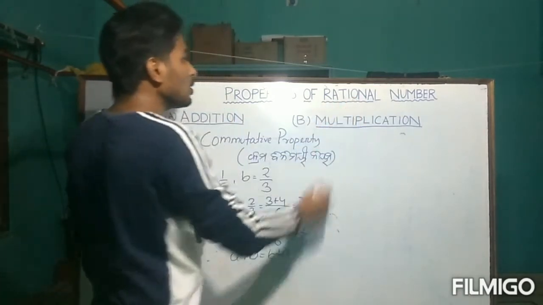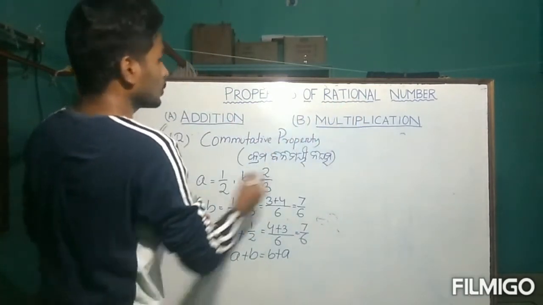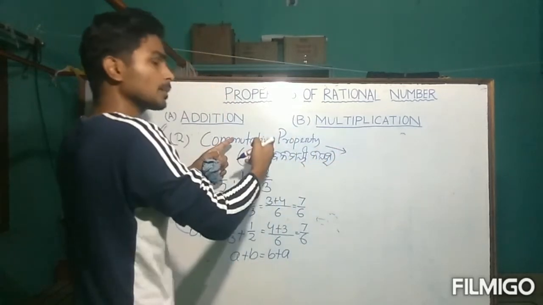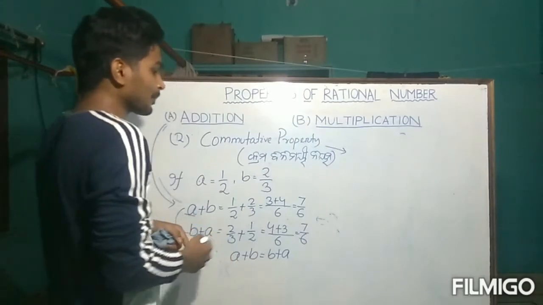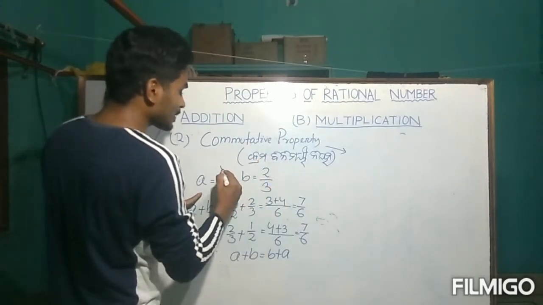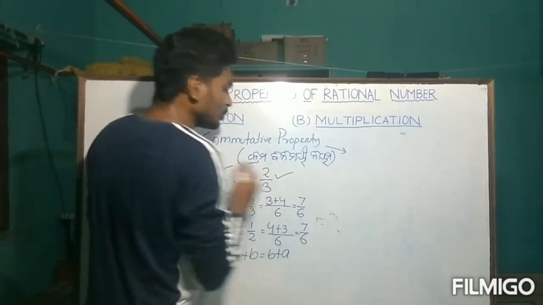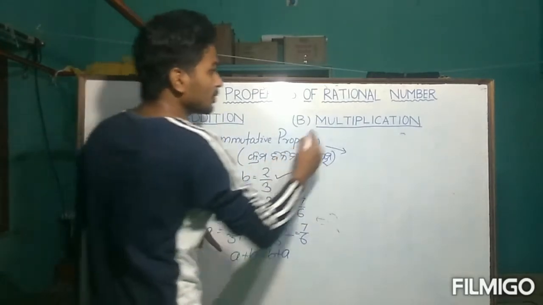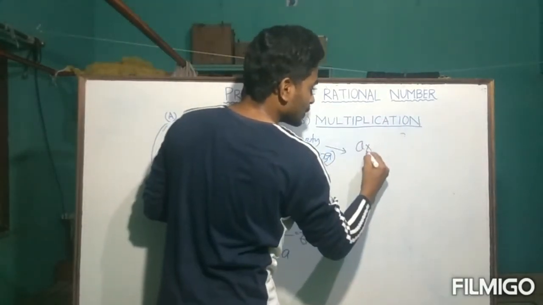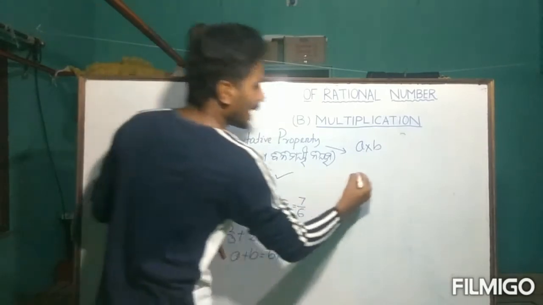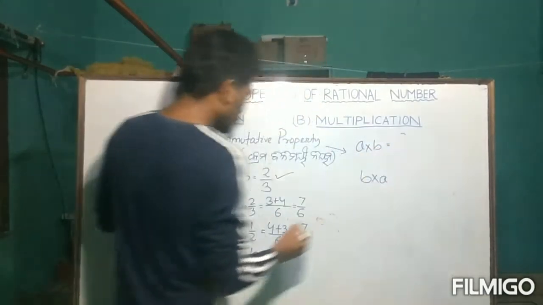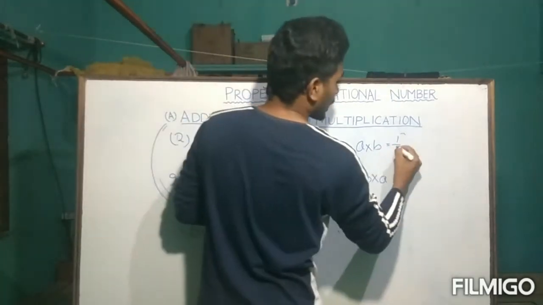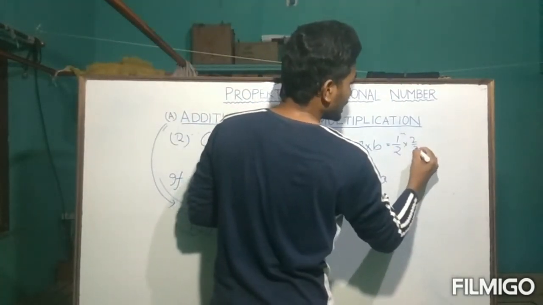Okay, now comes the multiplication of the same property. Same commutative property for multiplication of rational number. So we have taken a is equal to half, b is equal to 2 by 3. Okay, now we will find multiplication a into b and b into a. So what will be a into b? 1 by 2 into 2 by 3.